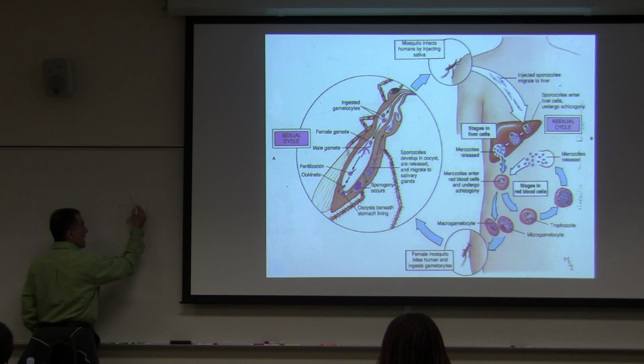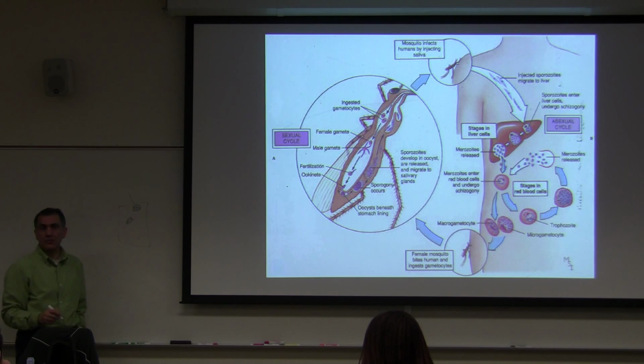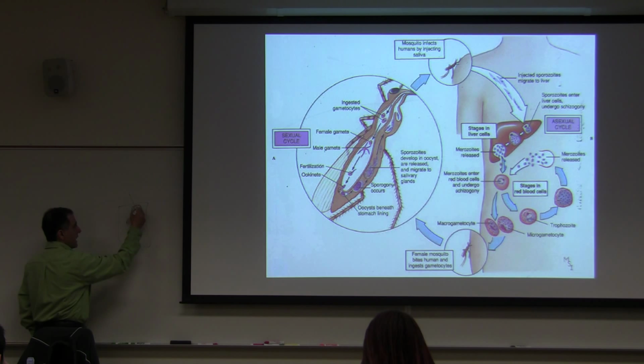And right here, inside of that cell, you have nuclear division. What follows nuclear division in Bio 1 you learned? Cytokinesis. Does cytokinesis occur here? No. Just inside of one cell, you have the nucleus dividing and dividing and dividing without cytokinesis.